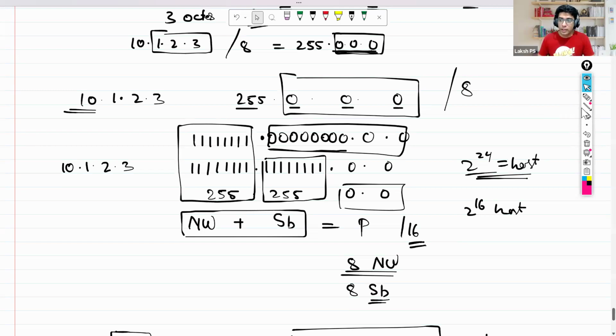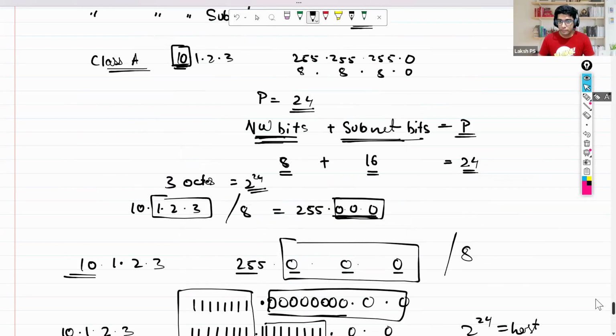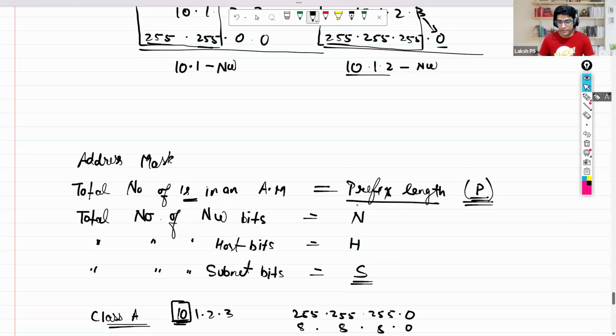The total number of ones, which is basically p bits, is the prefix length. This prefix length is basically the sum of your network bits plus your subnet bits.